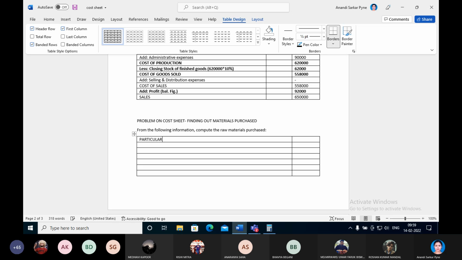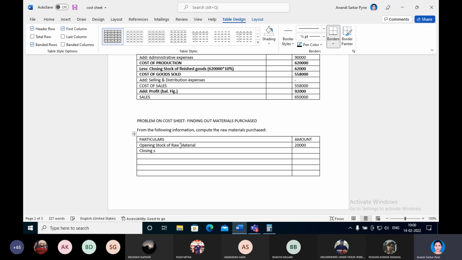Particulars, amount. Opening stock of raw material, $20,000.